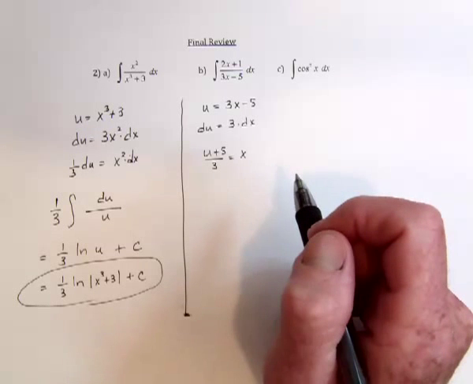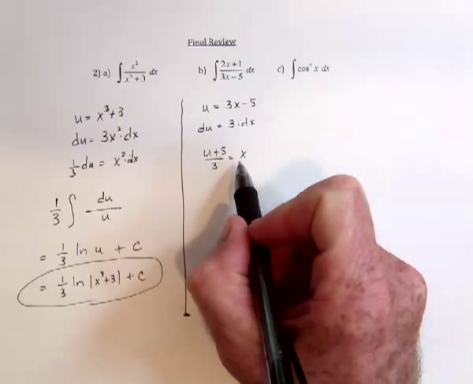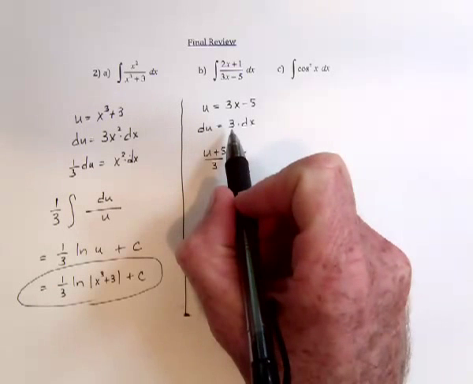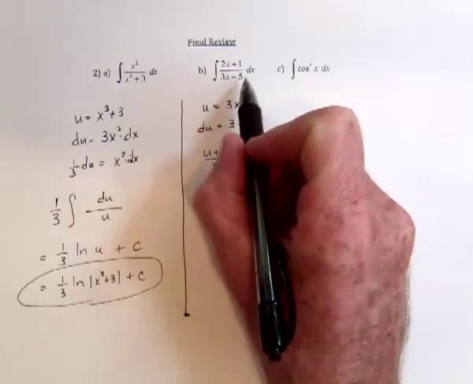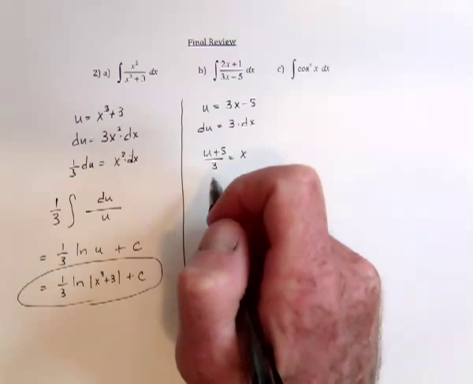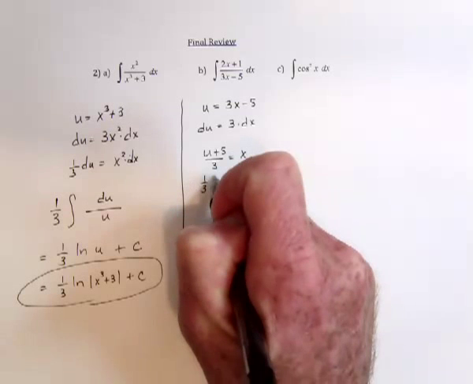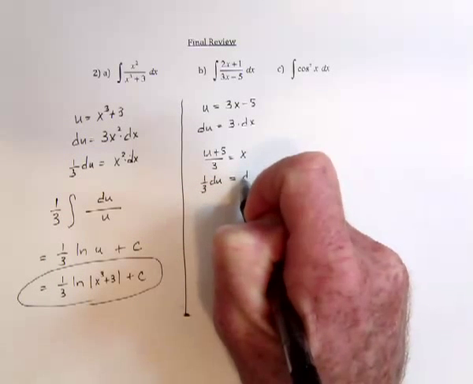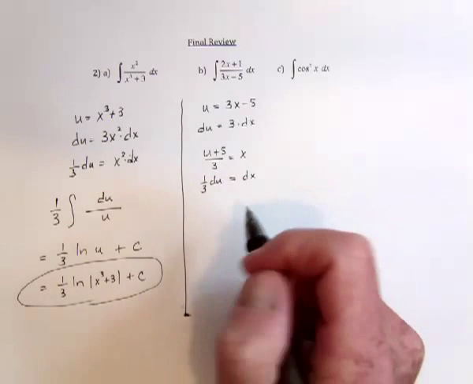And then substitute that in. And this one doesn't have a 3 dx, so we're going to have to multiply by 1/3 on both sides and have 1/3 du equal to the dx. And now I think we're ready.